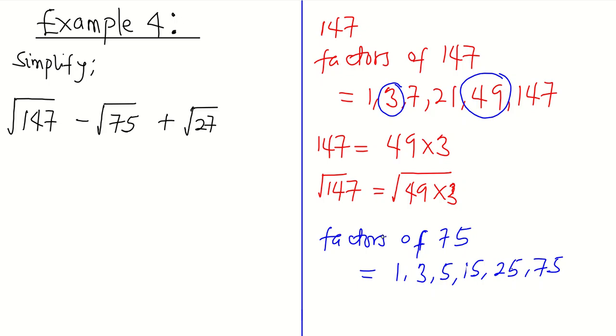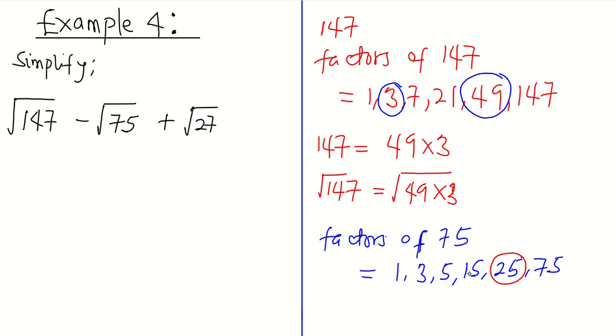Now among the factors of 75, you have to look for the perfect square numbers. And the perfect square number we have here is 25. So that's the largest perfect square number here. But if there were 2 or more, we would have also considered the largest.